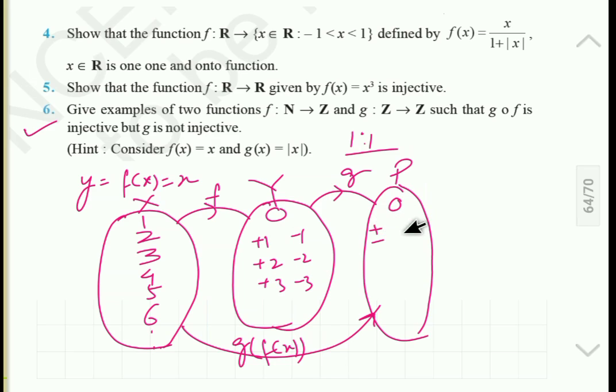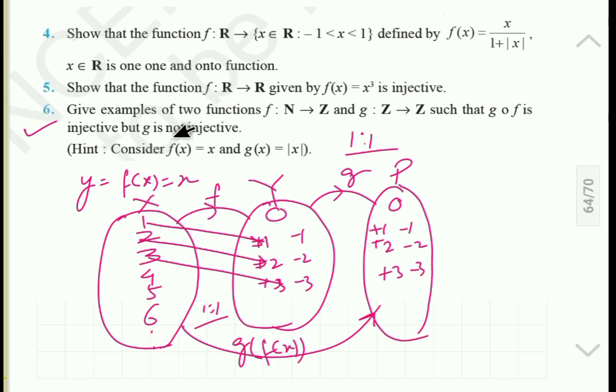Now f(x) is equal to x, that means f of 1 is 1, f of 2 is 2, f of 3 is 3, right? So it is a mapping that is one-one, we can see over here. So first, f is definitely one-one.